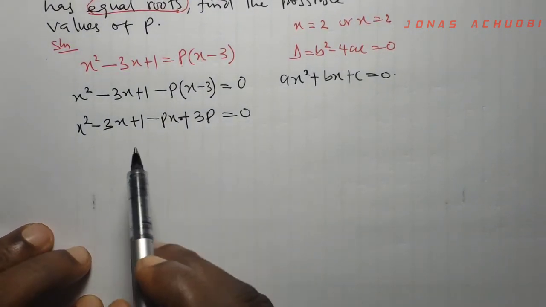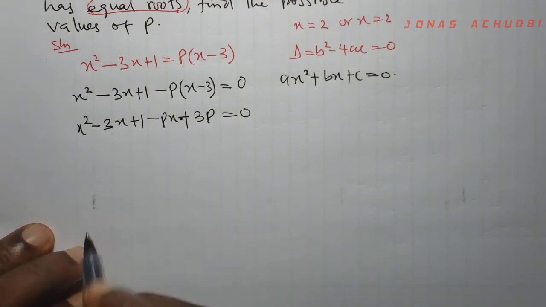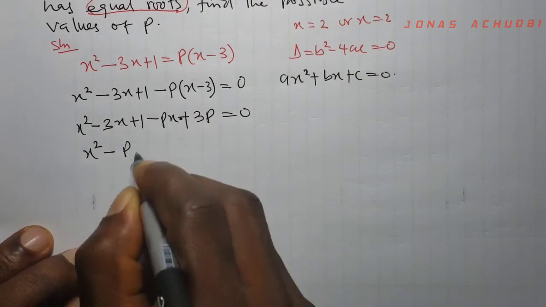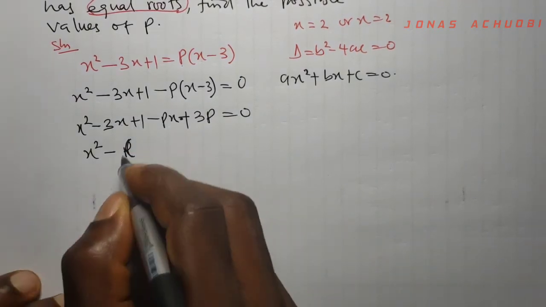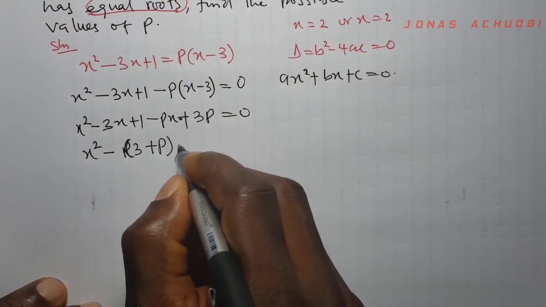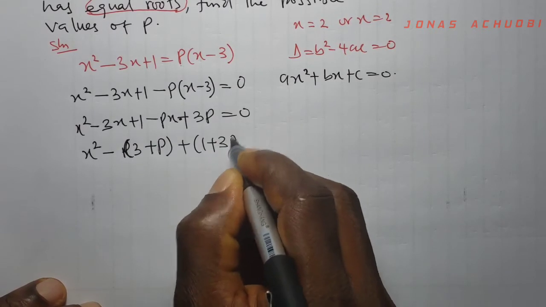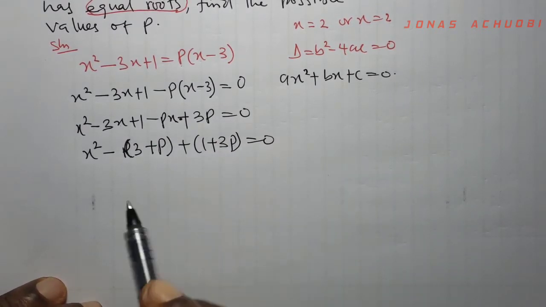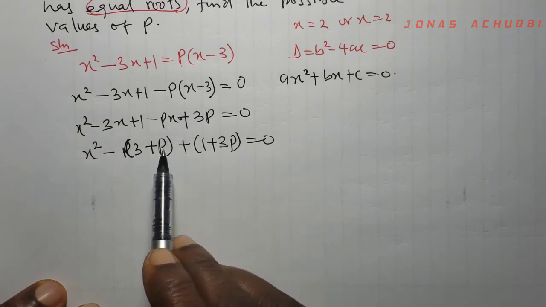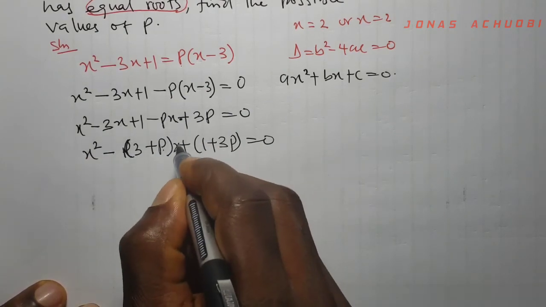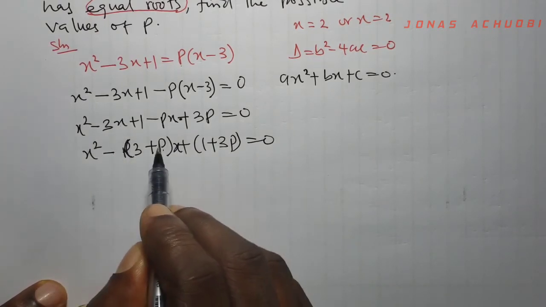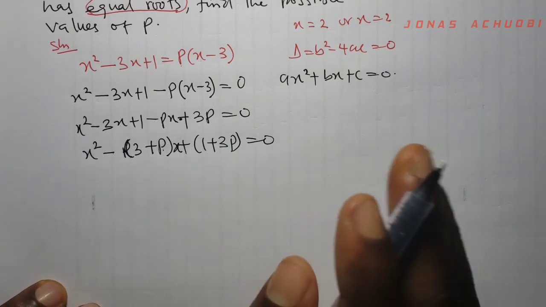So if we factorize or take like terms again, there is x and there is x here, so I can bring them together. I have x squared minus (3 plus p)x plus (1 plus 3p) equal to 0. Let's take a look. 3 times x is minus 3x, and then minus p times x is minus px, that's correct.